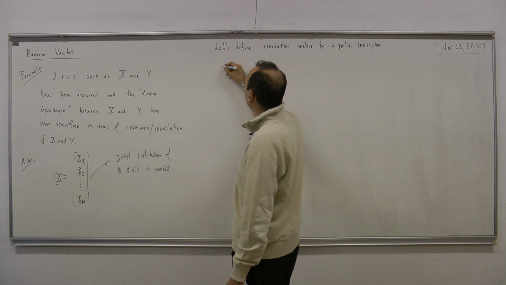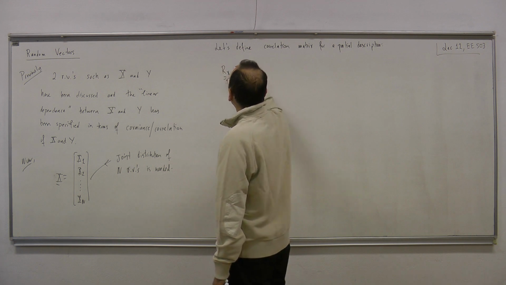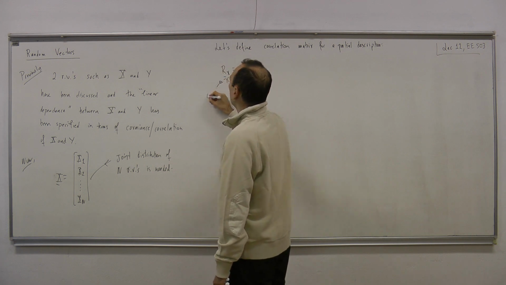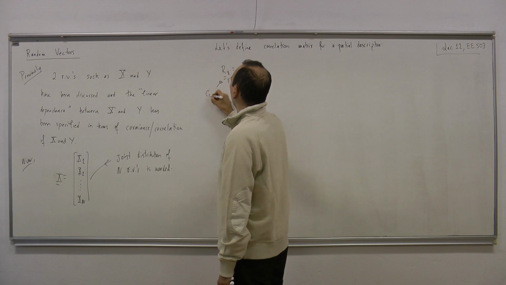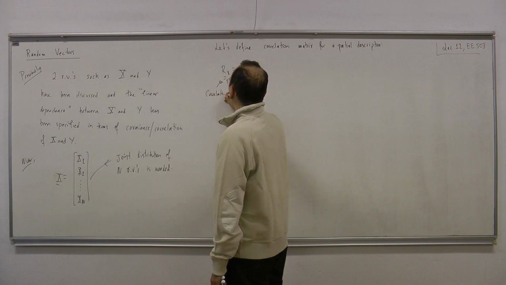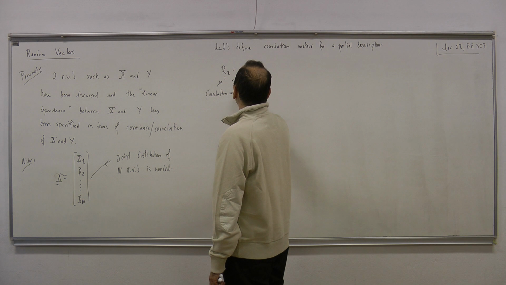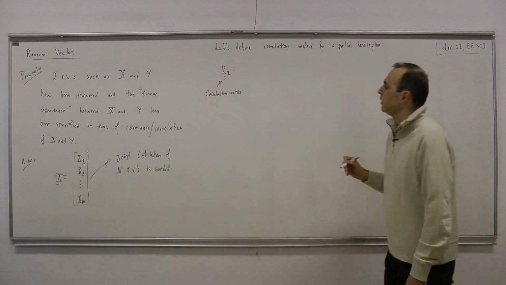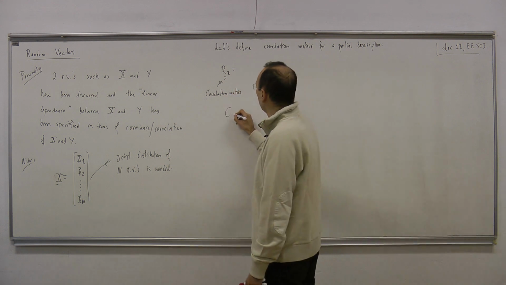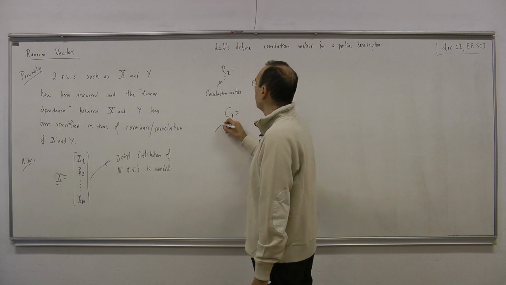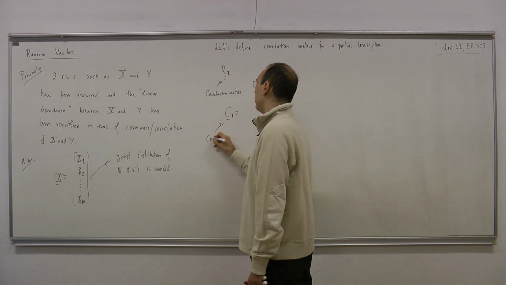So what do I mean by that? This will be Rx, the correlation matrix. Let me define also Cx over here. This will be the covariance matrix.